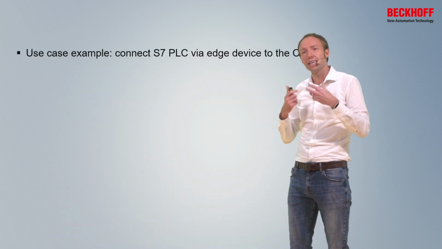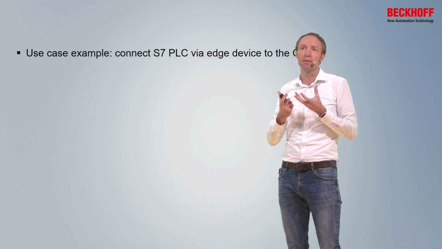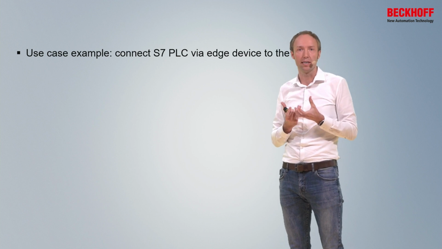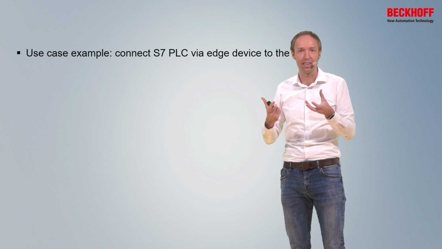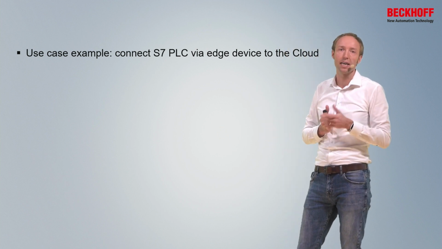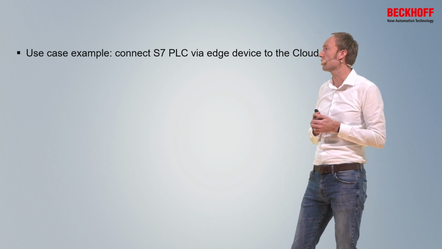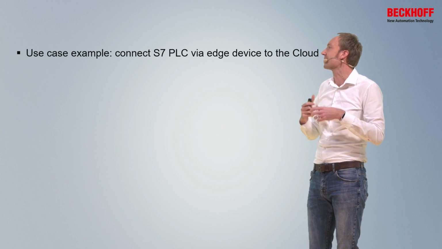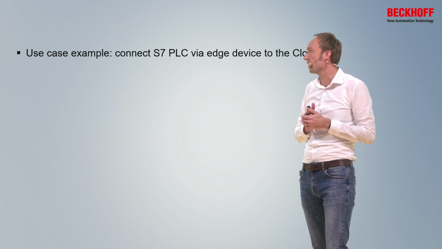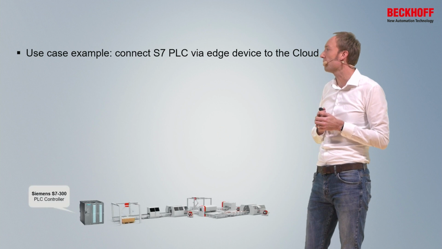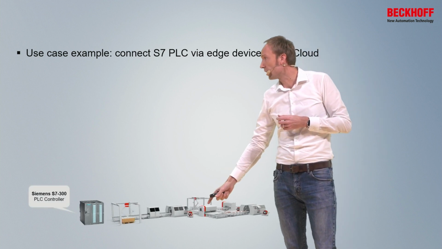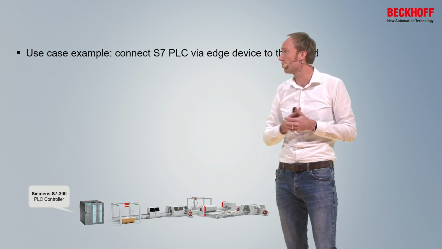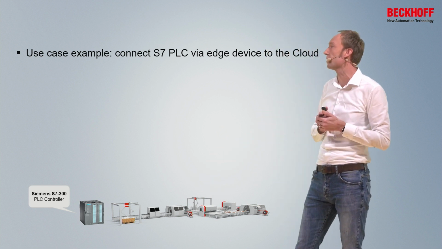So, but what can I do now in more detail with the data when I send this data up to the cloud? So how would a technical architecture diagram look like? I would like to give you an example here. So let's imagine that we want to connect an existing S7 PLC device via an edge device to the cloud, because we maybe have, like we saw earlier, a machine application, which is controlled by a Siemens S7 300 PLC.